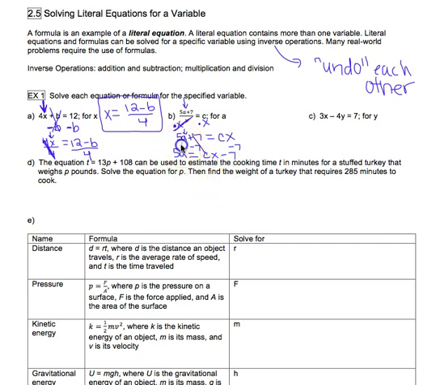And then still need to get this a alone. This is multiplication, so I'm going to divide everything by 5. So a equals cx minus 7 divided by 5. And again, perfectly fine to leave it this way. You do not need to separate out the pieces of the division.